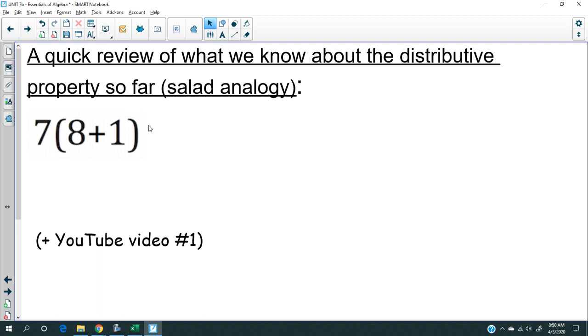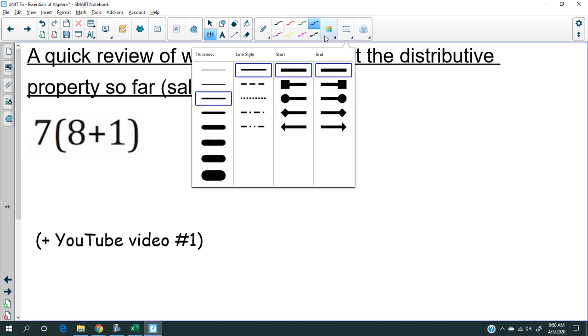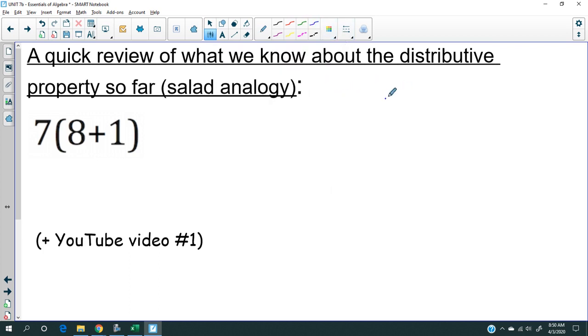Now, at the very first unit of the year, when we talked about greatest common factor, one of the original questions, if I remember correctly, was something like this. How can you rewrite this as a distributive property question? And the answer was you have to find the greatest common factor first, which is 4.